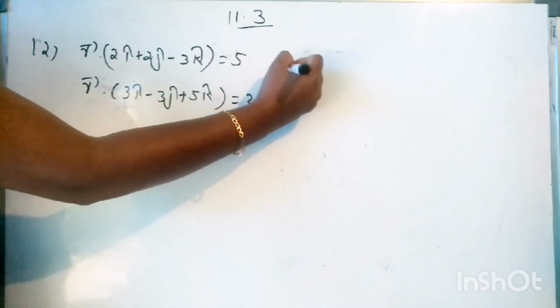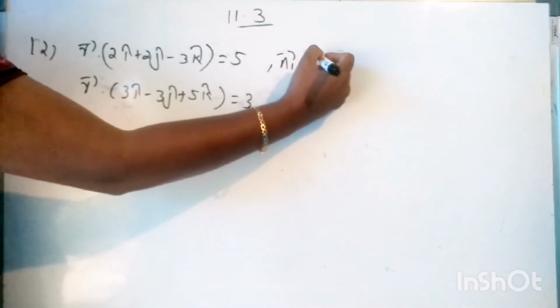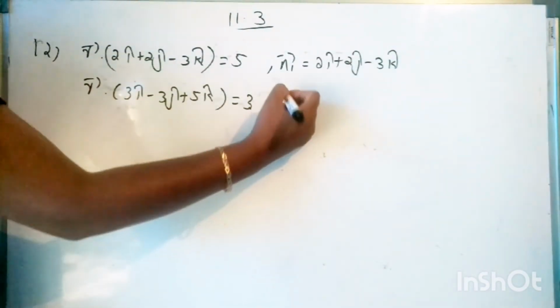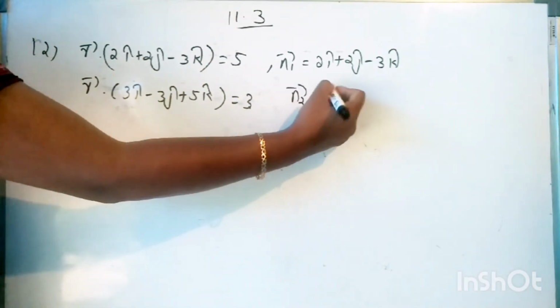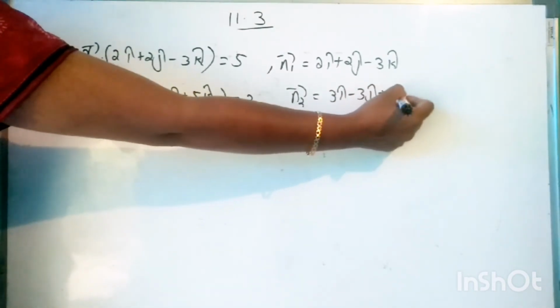From this we will get n1 vector is equal to 2i plus 2j minus 3k and n2 vector is equal to 3i minus 3j plus 5k.